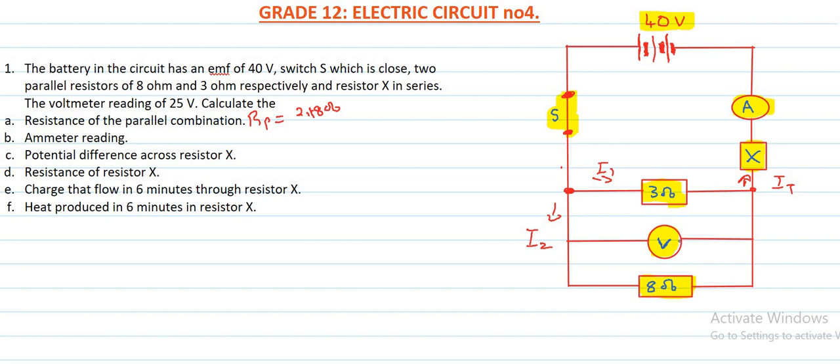Then I will be equal to V over R. Our voltage, they said, is 25 over the total resistance in parallel. We got 2,18. Then the ammeter reading will be equal to 11,47 amperes.